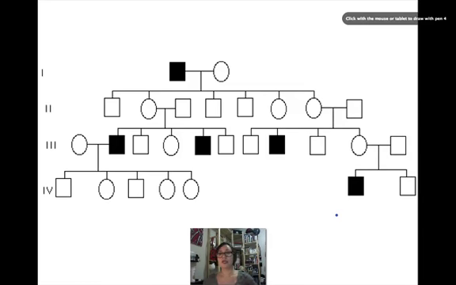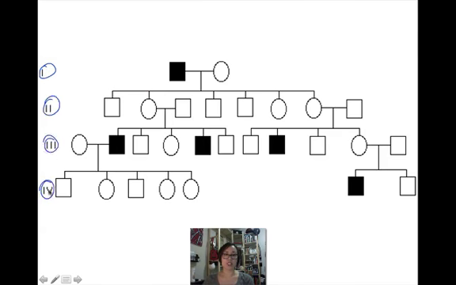So here, looking at this pedigree, we have a pedigree that represents 4 different generations. And in our pedigree, we have our males and females again, so I'm going to go ahead and label them. This circle is a female, and this square is a male. And again, we have a horizontal line showing us a fertilization event, our vertical line showing us the children that came out of that particular event.